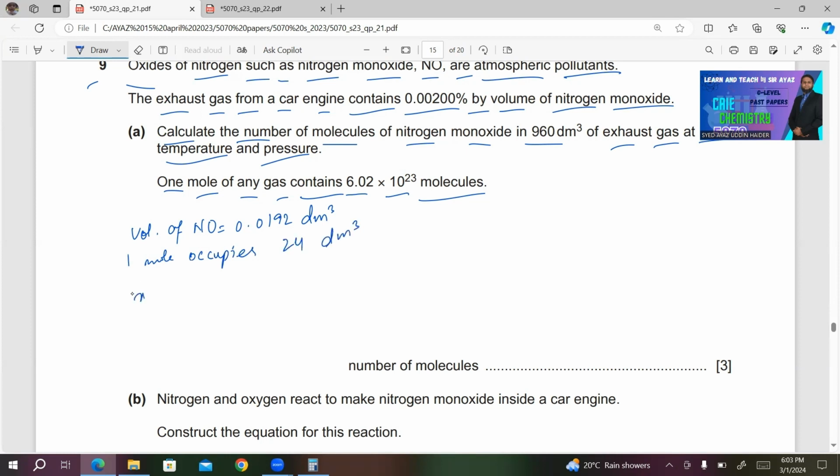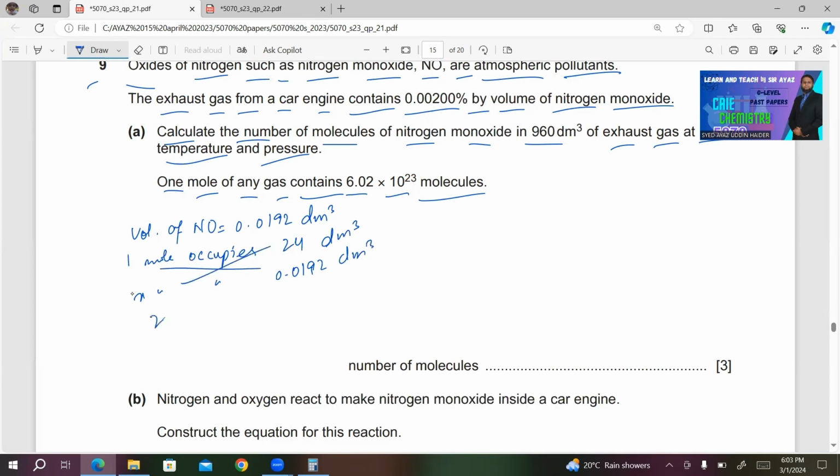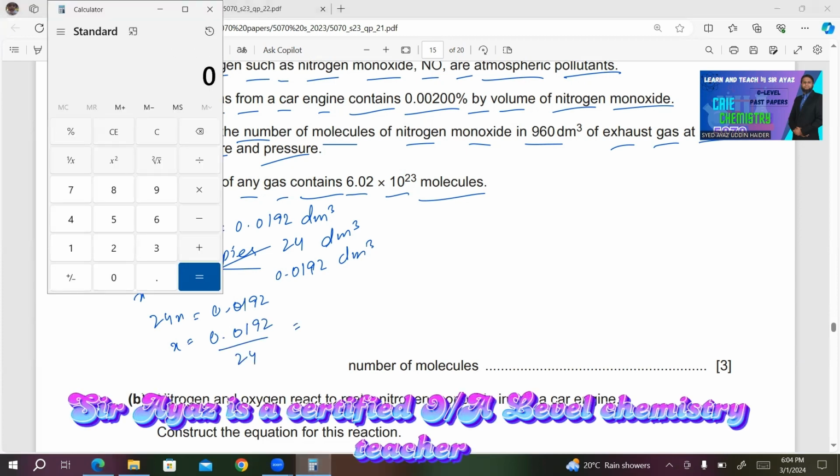So x mole occupies 0.0192 dm cube. So equation will be 24x is equal to 0.0192 or x is equal to 0.0192 divided by 24. So what we will get? 0.0192 divided by 24.